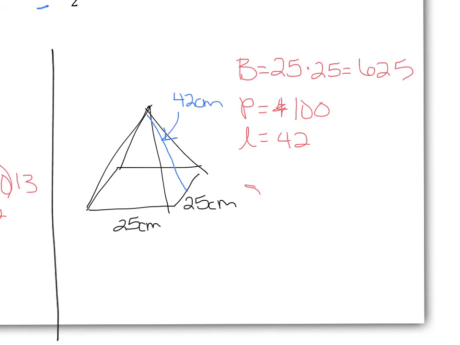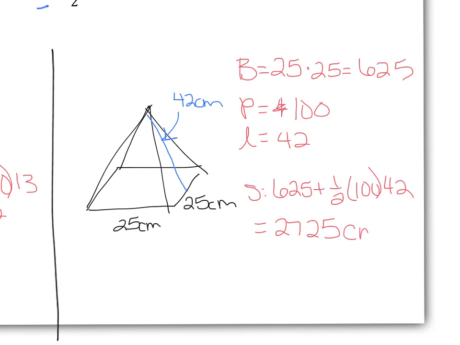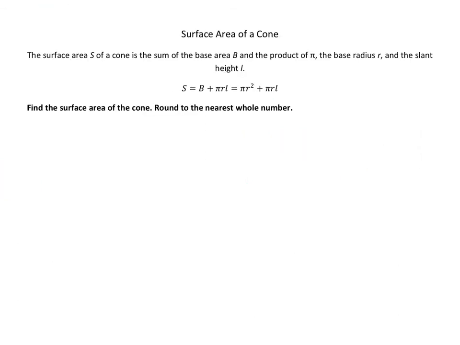So if we plug all those into our formula, we have the area of my base plus half my perimeter times my slant height. And whenever you punch all those into your calculator, you should get 2,725 centimeters squared.